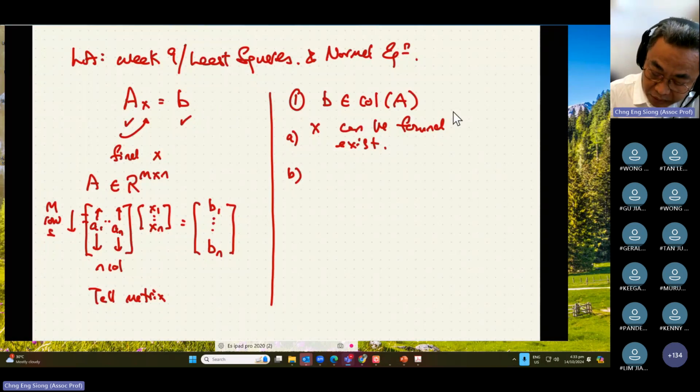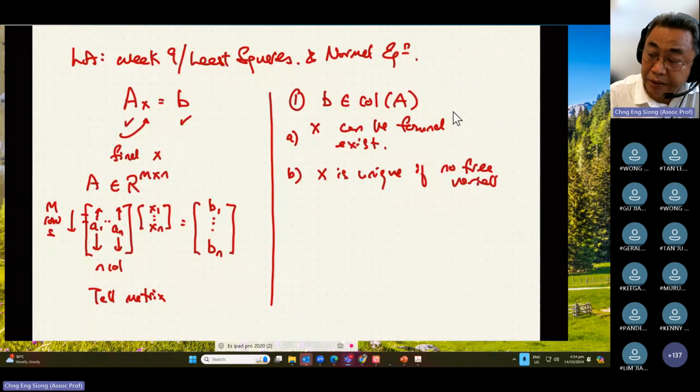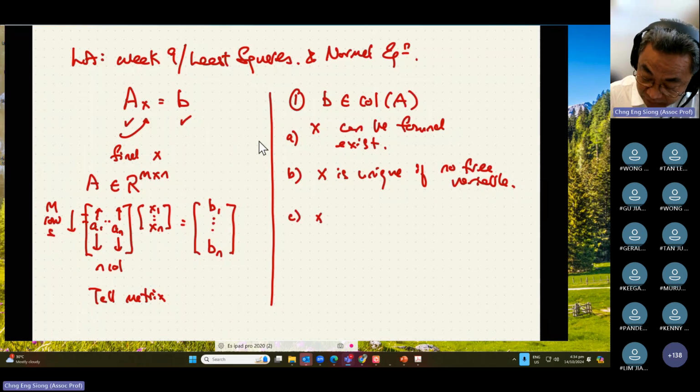So yes, x is unique if what? x is unique if no free variable. That means when we reduce A, there's no free variable. x has infinite solutions if there is a free variable.